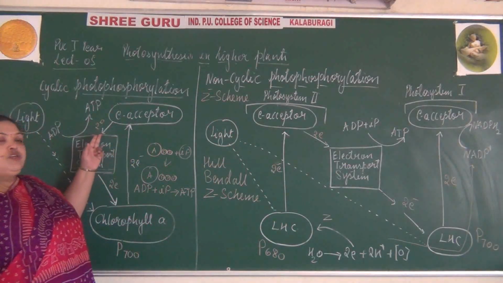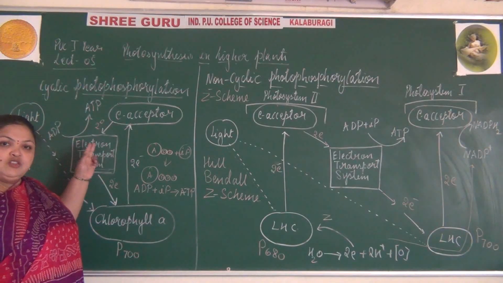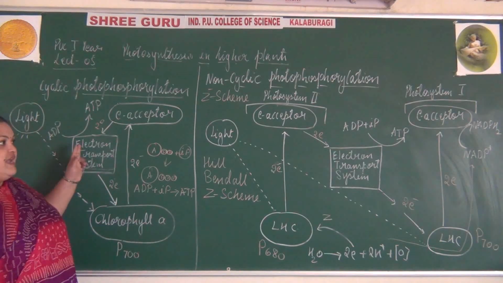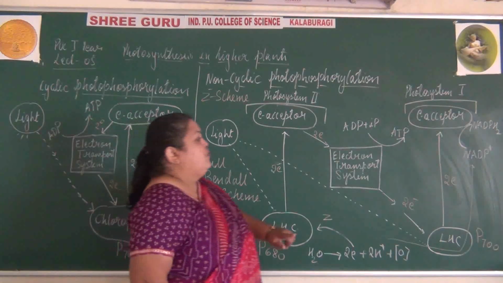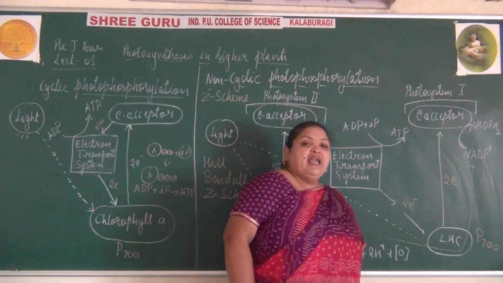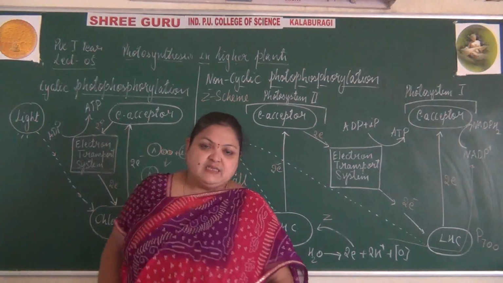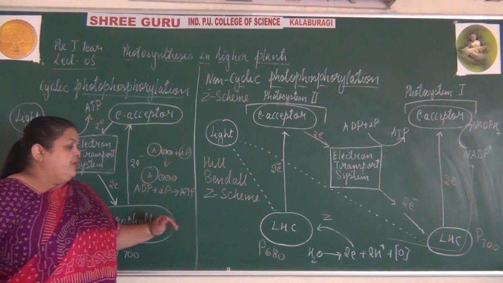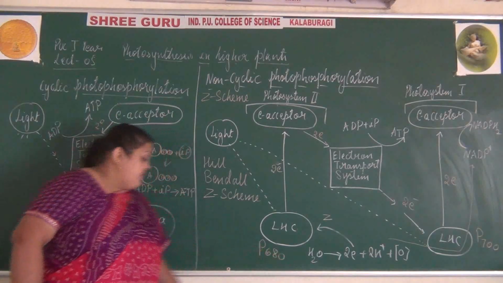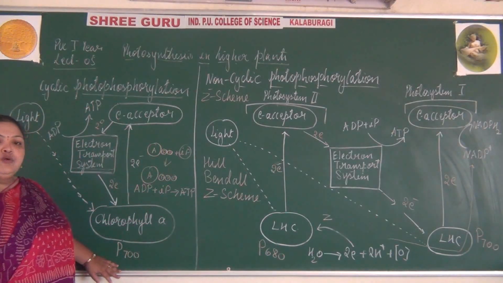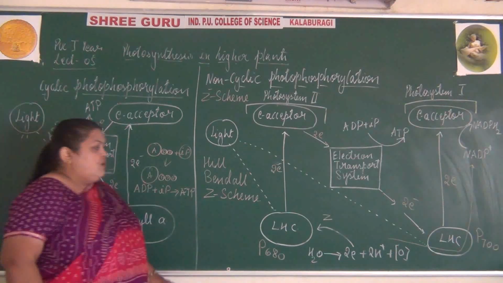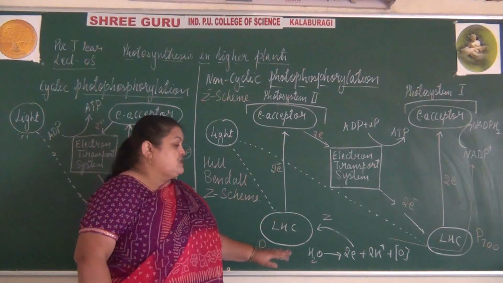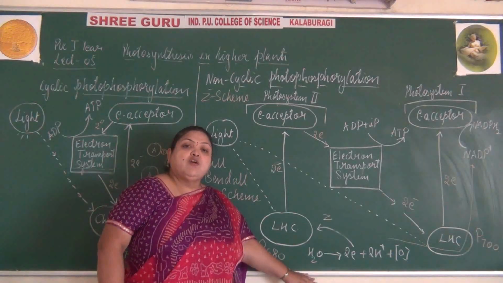Fourth point: here two molecules of ATP are synthesized, and here one molecule of ATP and NADPH is synthesized, to get the differences. Then the fifth point is, you can see this reaction here. In cyclic, no such reaction occurs. In non-cyclic, the process involves photolysis of water.